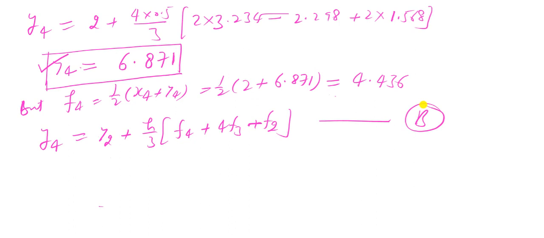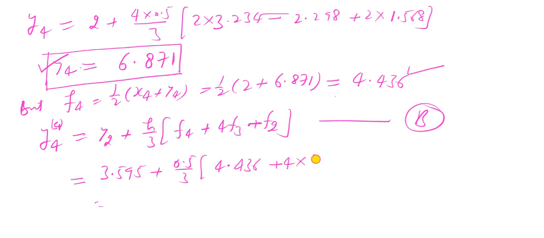So substitute all values here, then this is the corrected value, y4 of c, or we write here c1, y4 of c1 is equal to 3.595 plus 0.5 upon 3, 4.436 the value of f4 plus 4 into the value of f3, f3 is 3.234, plus the value of f2 is 2.98.